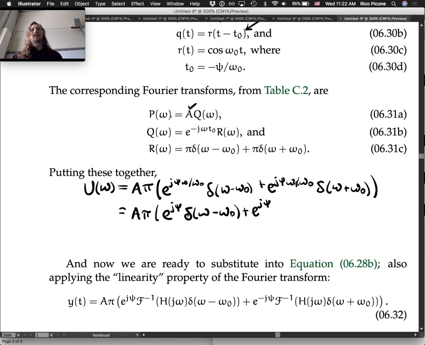So the negative omega naught, the omega naughts cancel, we get the negative sign still, and we get a delta of omega plus omega naught.